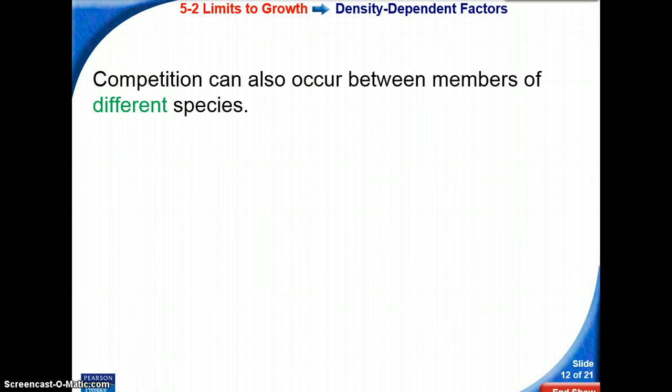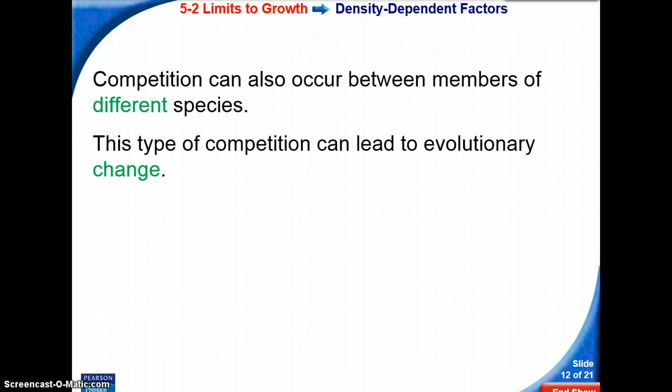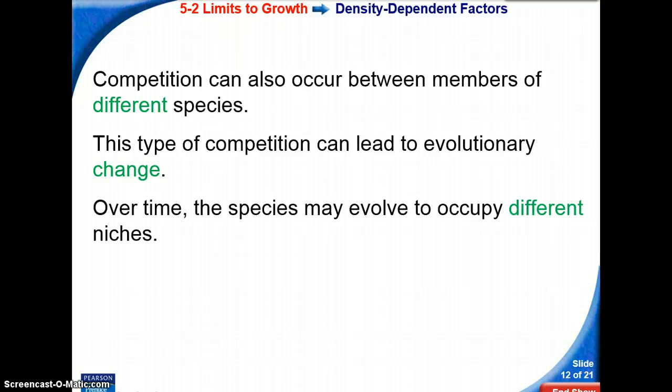Competition can also occur between members of different species, but this type of competition can lead to evolutionary change. It starts to change what organisms are out there if there's a lot of that competition. Over time, these species may start to evolve to occupy different niches.